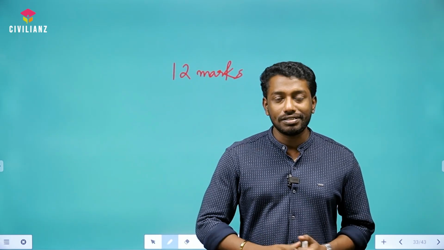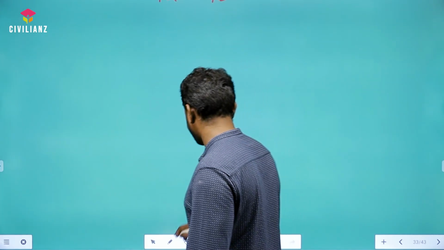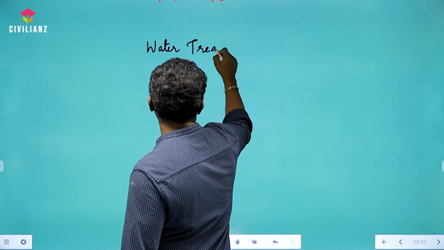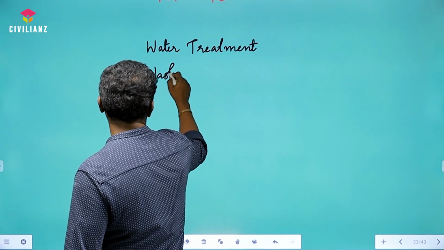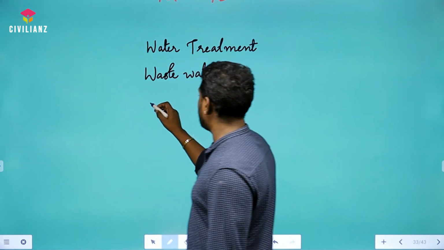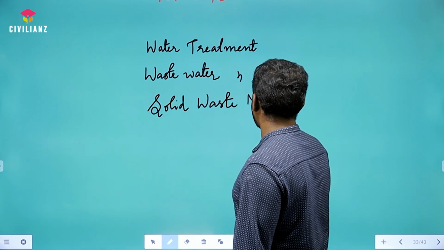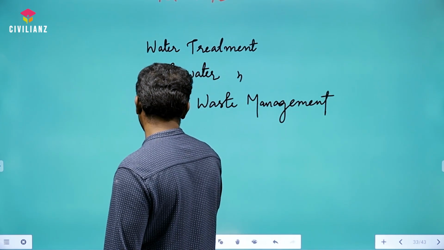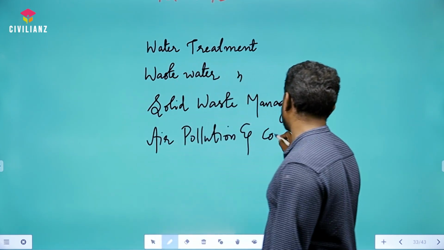Okay, now let's begin. There are mainly four units in environmental engineering, which are water treatment, next wastewater treatment, then solid waste management, and air pollution and control.